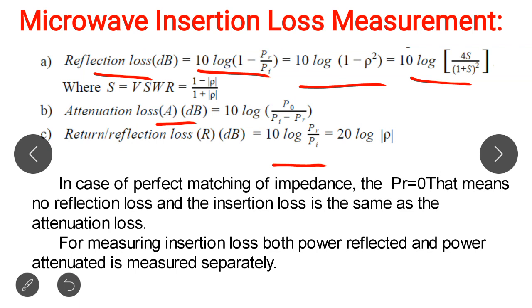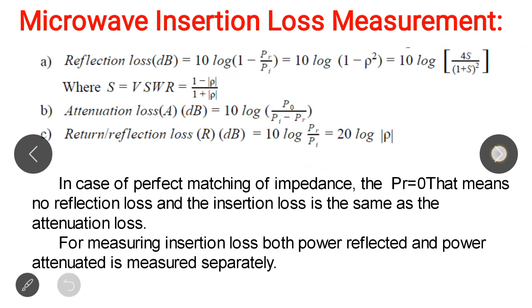Now in case of perfect impedance matching, the PR, that is reflected power, equals 0, and that means no reflection loss, and the insertion loss is the same as the attenuation loss. So for measuring the attenuation loss, both reflected power and attenuated power will be measured separately.